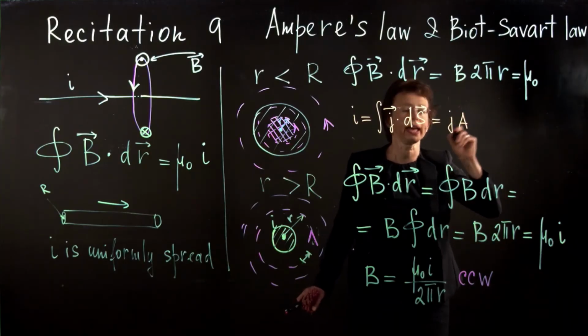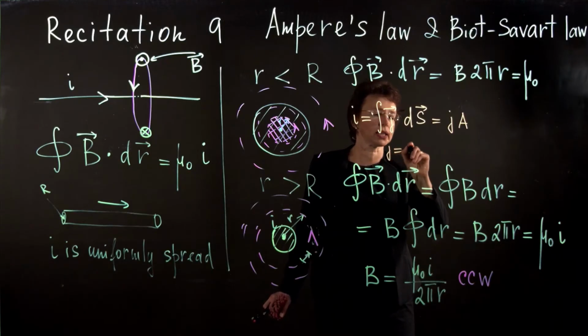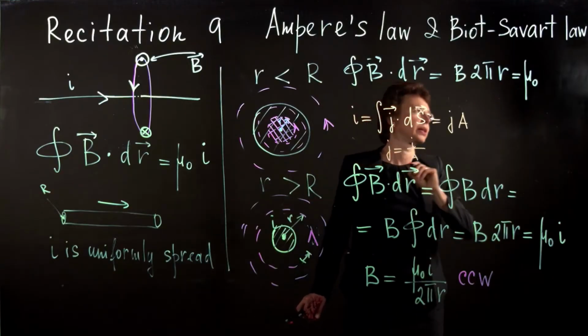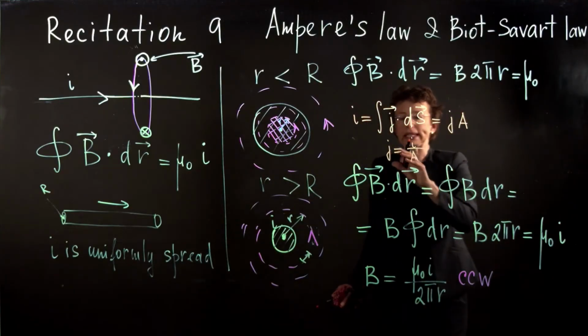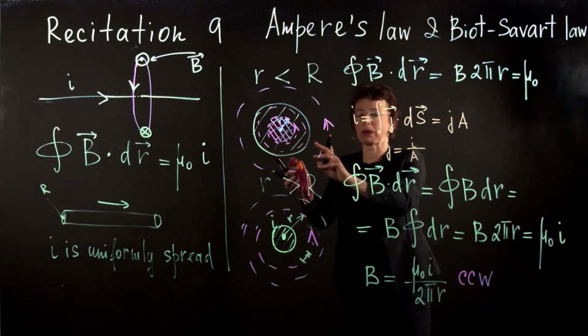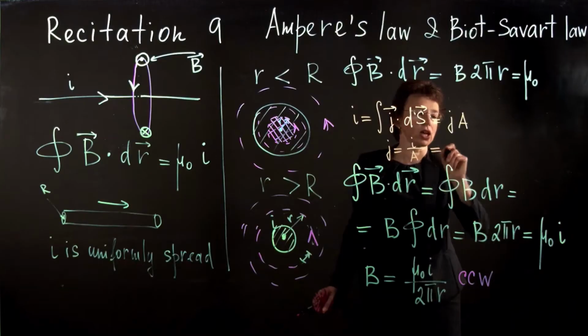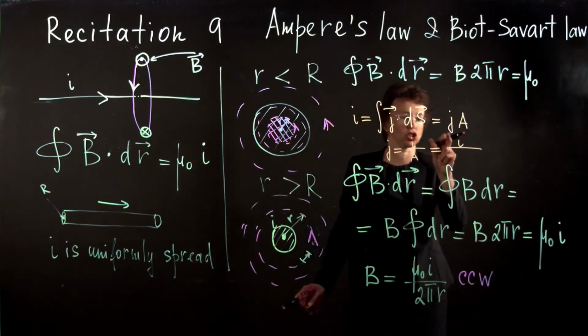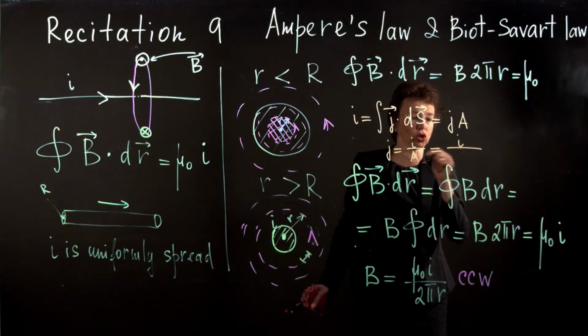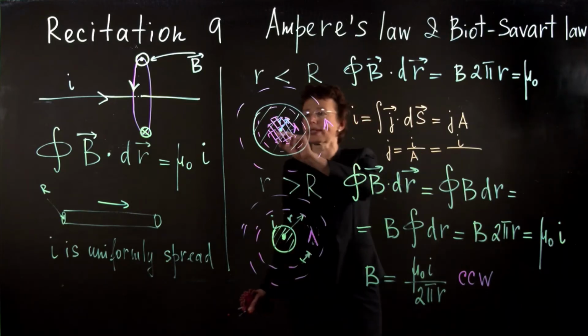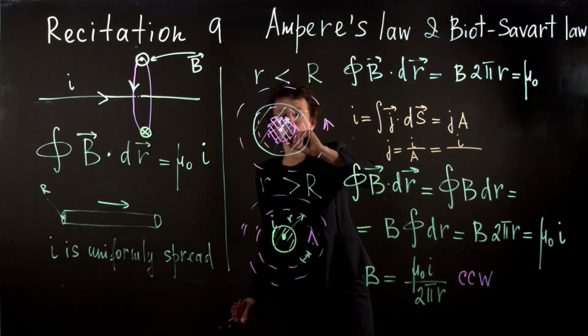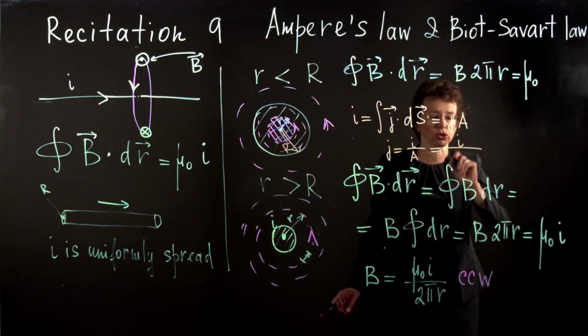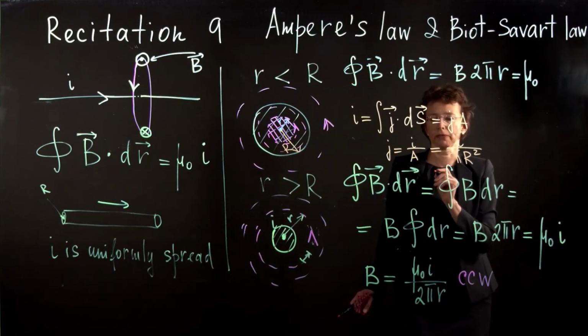Let's call the area A. Then J is I over A. So what is J for this problem? Since it is uniformly spread, J is constant. It is the current I divided by the cross-sectional area. The radius is capital R, so the cross-sectional area is pi R squared.